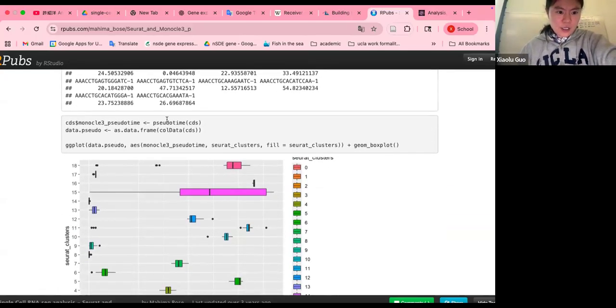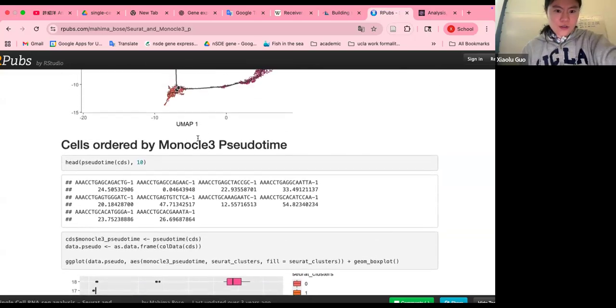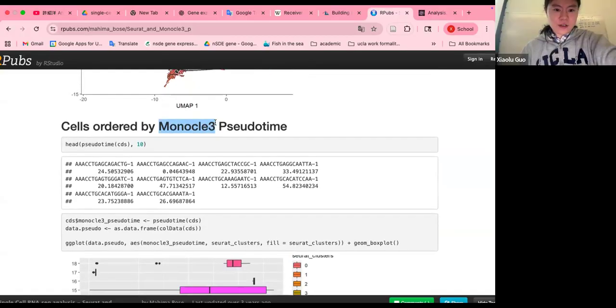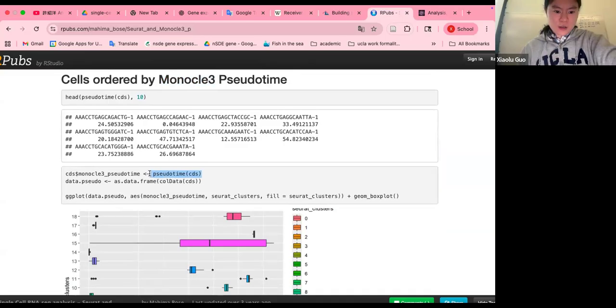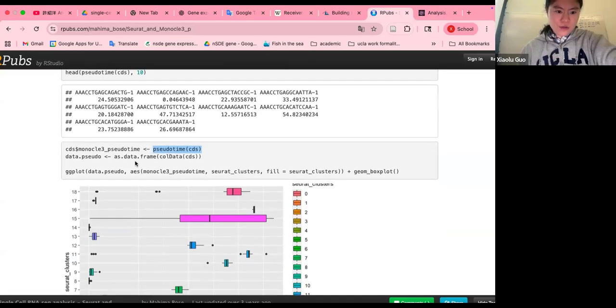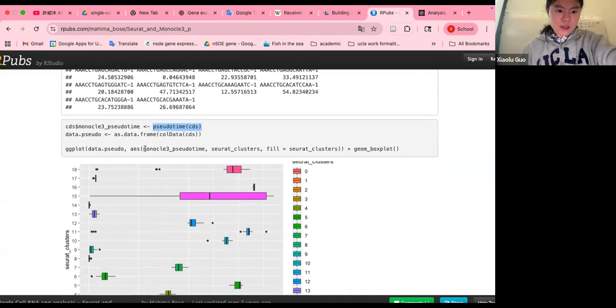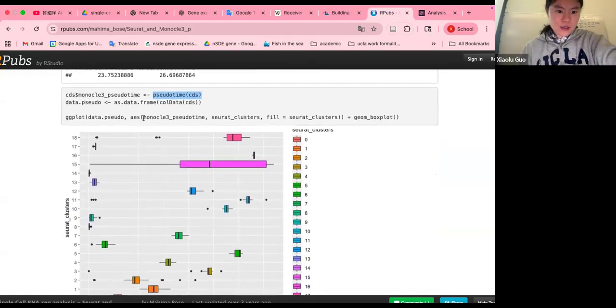And here is using some, this is another algorithm that we can use to produce the pseudo time. So then you just use this function, and you can get that data.